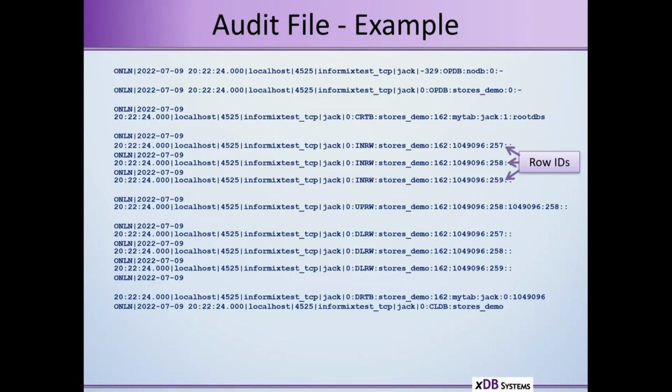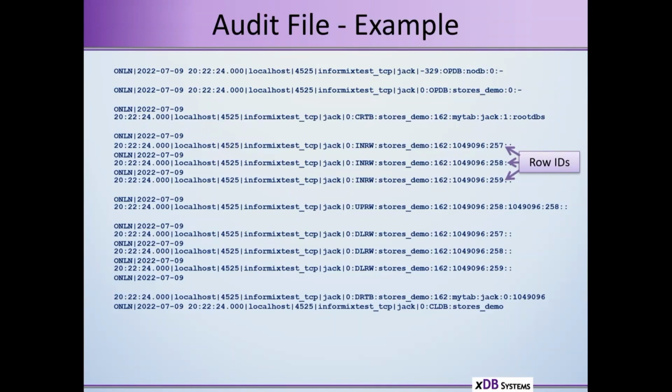We just have a tab ID, and we see the row IDs that were created. That's nice, but if that table later goes away, we don't know what the original table was. Even if the table's around, we have to look it up by tab ID. We also don't see the contents of that row.